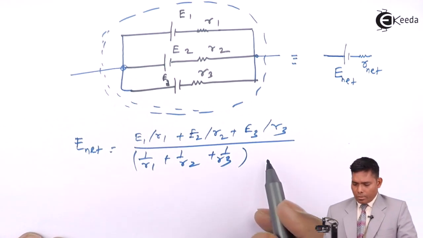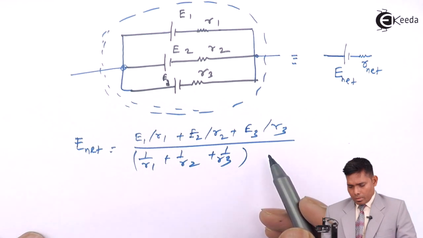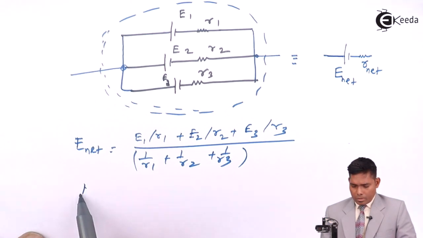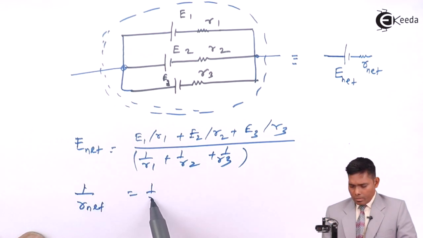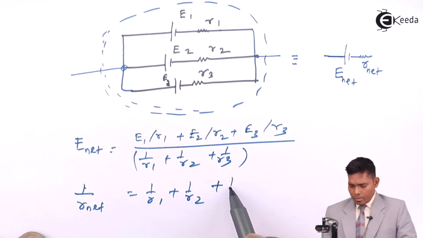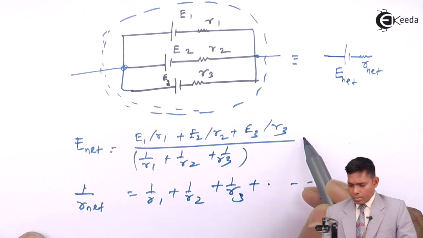Okay, so this is the formula. And what about the R net? 1 by R net is 1 by R1 plus 1 by R2 plus 1 by R3 and so on.